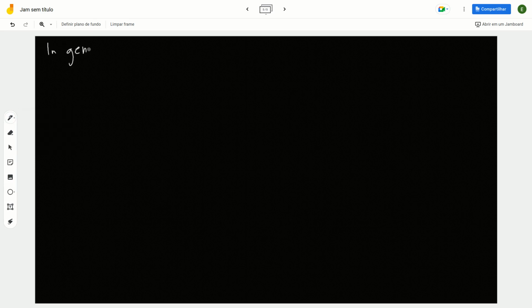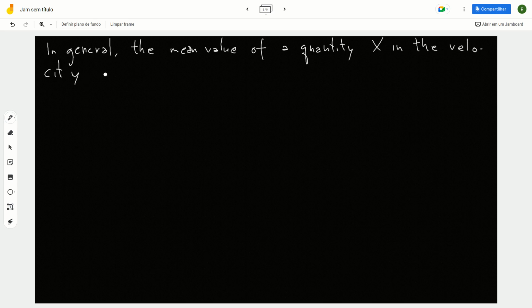In general, the mean value of the quantity x in velocity space is given by this formula.